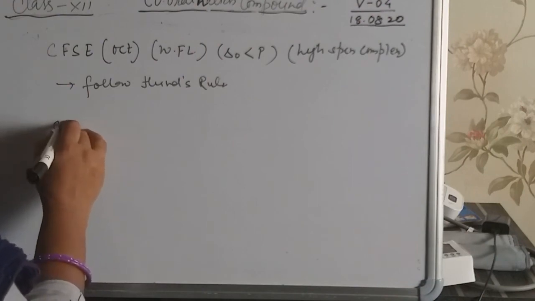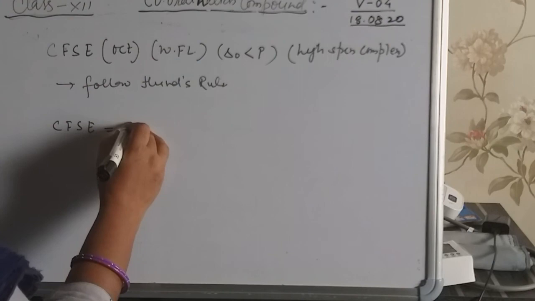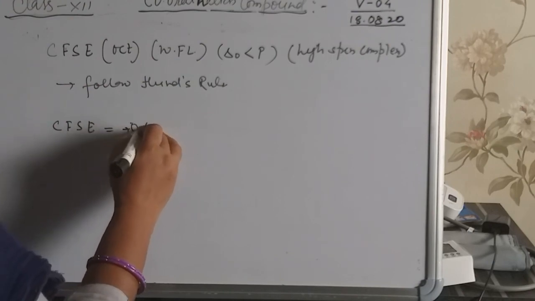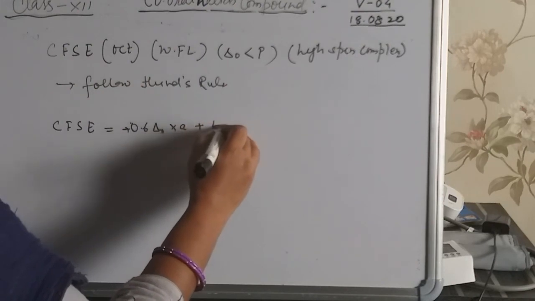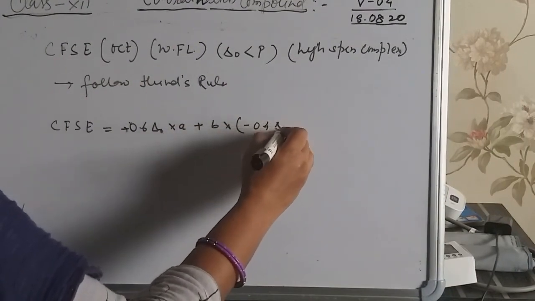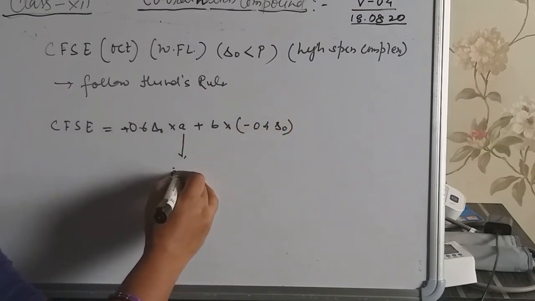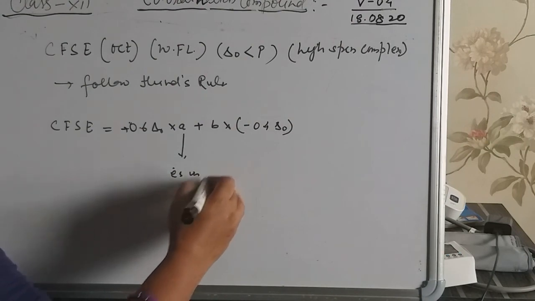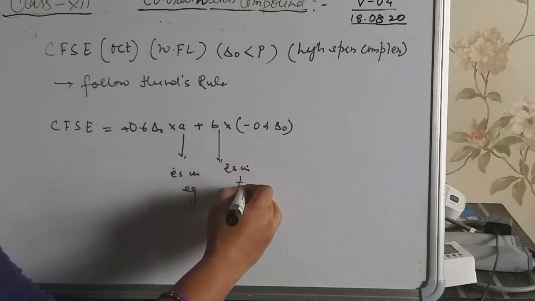And we calculate the energy as plus 0.6 delta naught into A plus B into minus 0.4 delta naught, where A is the number of electrons in Eg and B is the number of electrons in T2g.